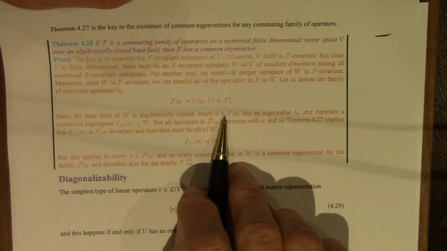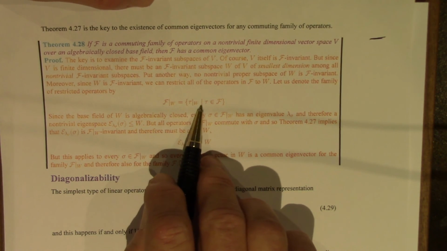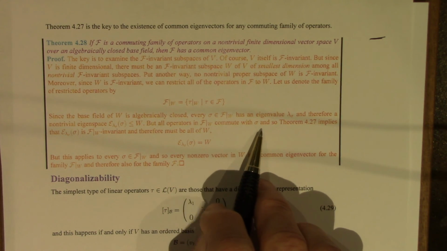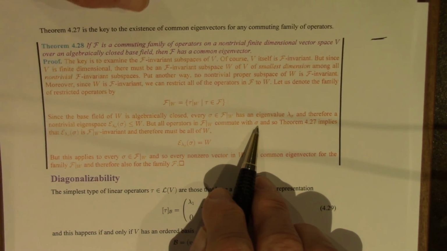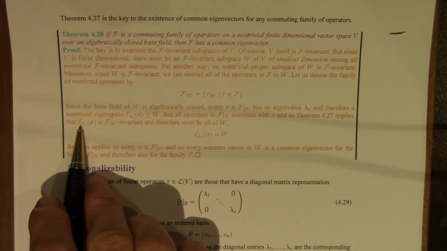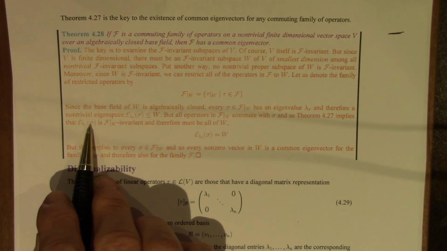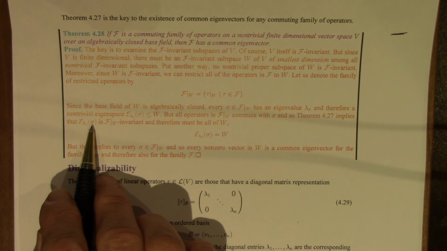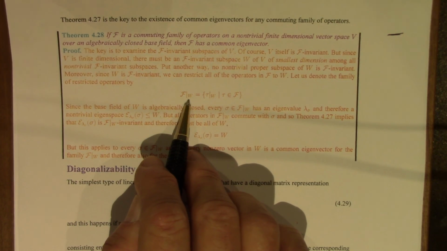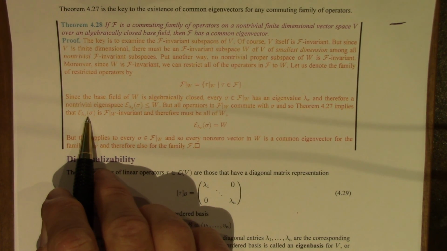So I've taken a particular sigma. All the other operators in this family commute with sigma. They commuted before we did the restriction to W, so they still commute. And so the previous theorem implies that each of the eigenspaces for sigma are invariant under this family. Well, this is non-trivial.